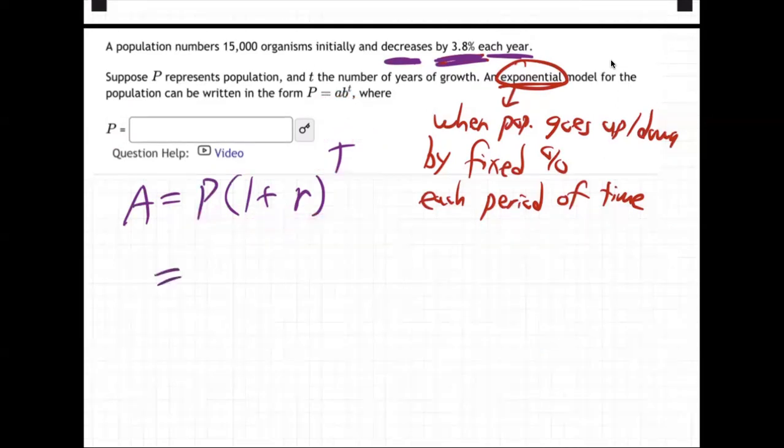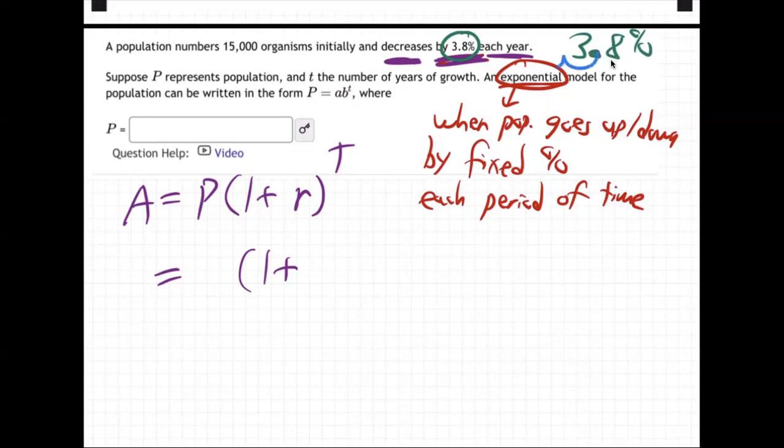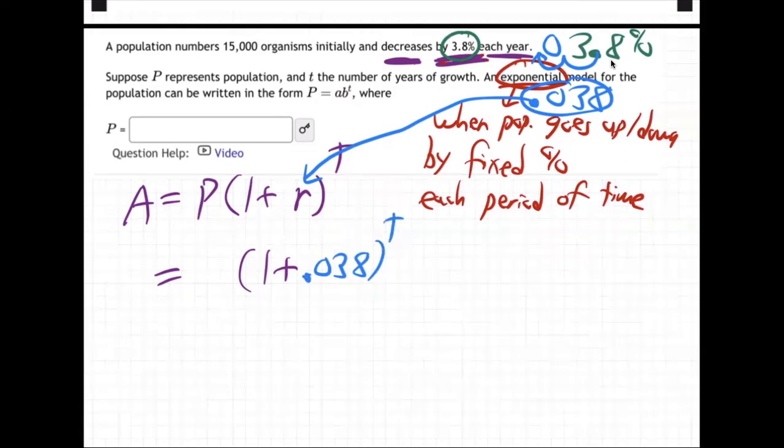All right. So again, 1 plus, now you grab the R right here, this 3.8%. Remember what happens when you have a percentage, we need to change it to a decimal. The decimal goes back 2 places, so it brings in a 0 right there. It's going to be 0.038, and that goes right there, 0.038 to the T. Is that making sense so far?